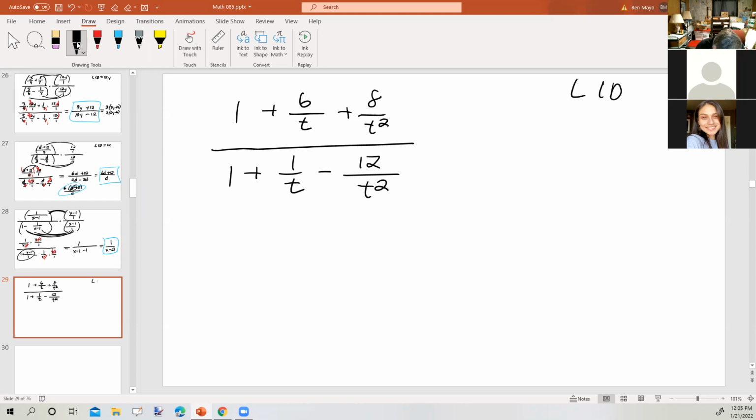So the least common denominator here is going to be t squared. Any questions about that? Okay.